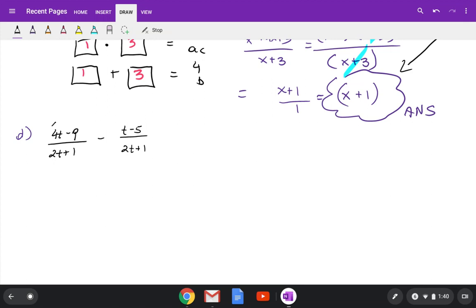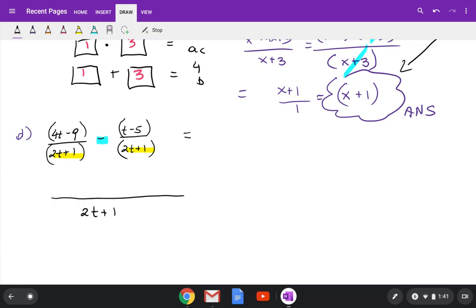So I always recommend, okay, to keep parentheses when you have an expression, especially when you have to subtract, because it's easy to make a mistake. So look what happened. We have the same common denominator. So we're just going to copy this denominator once. So we have 2t plus 1.